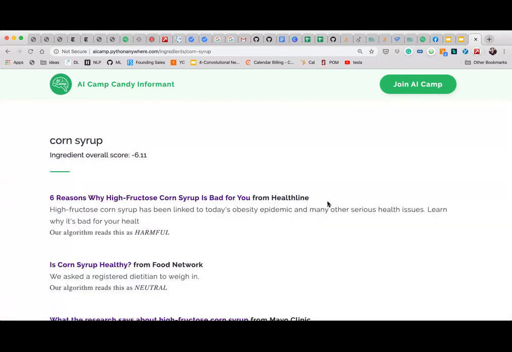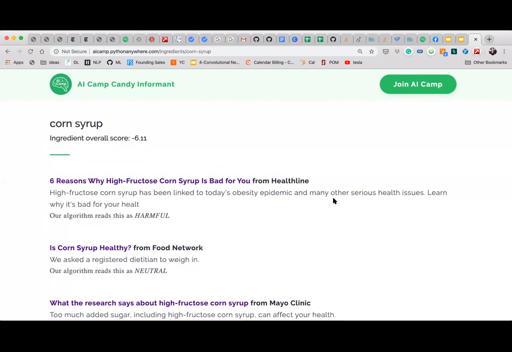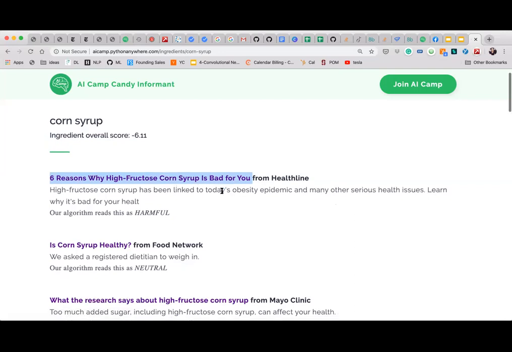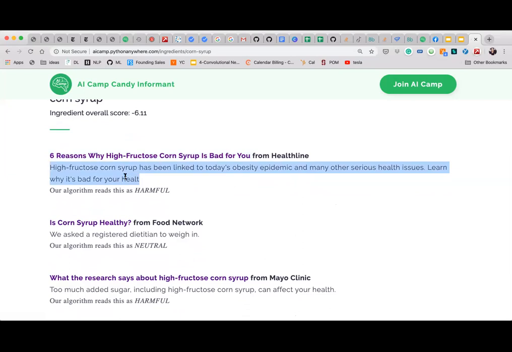Explain to people what is the title, what is the description, and what our model predicted. Okay, so the title, for example, would be "6 reasons why high fructose corn syrup is bad for you." And then the description would be maybe the first line or two of the website, which is what Dr. Zhang highlighted.